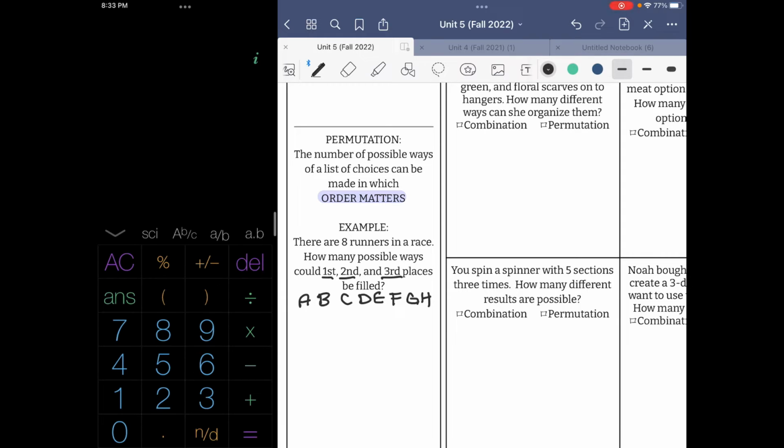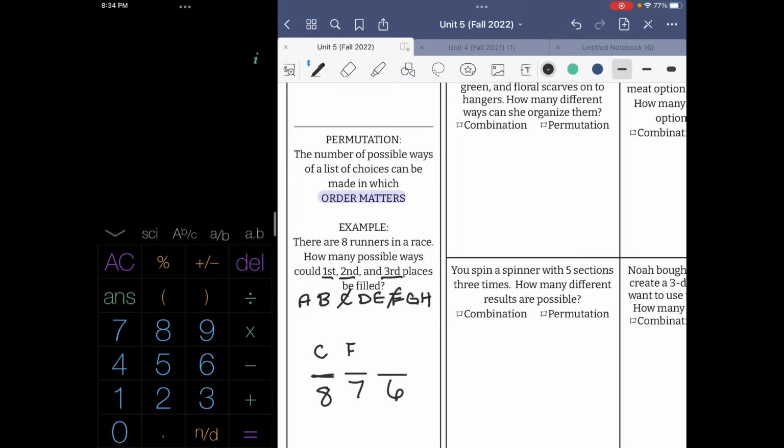So I have 8 options for the first place person. And if I make that person C, now how many runners are left to go second? Only 7. The same person can't get first and second. And let's say person F gets that one. Then how many runners do I have left to get third place? 1, 2, 3, 4, 5, 6.